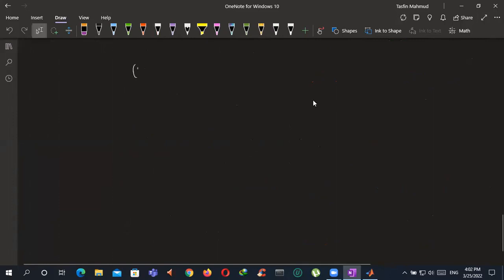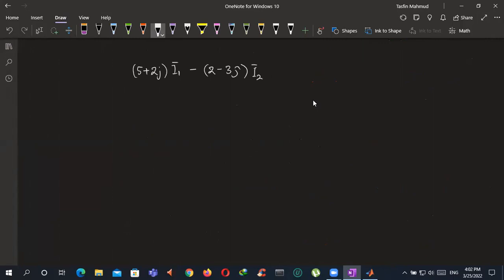MATLAB can deal with complex coefficients as well. So let's assume we have 5 plus 2j I1, then minus 2 minus 3j I2, plus 5 I3 equals 2 minus 10j. This is the first equation, after doing mesh analysis.